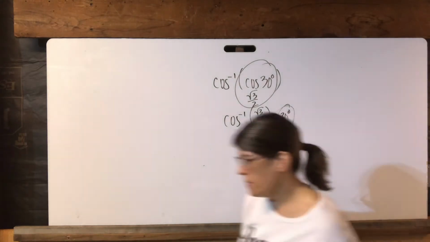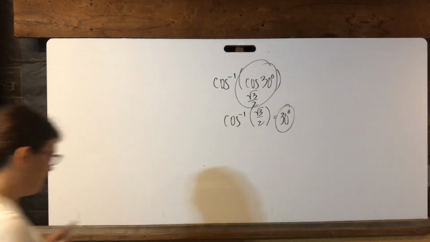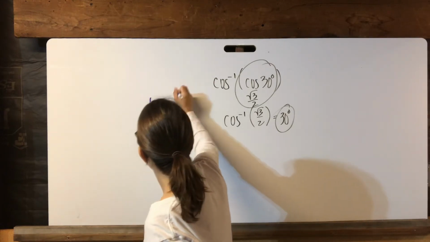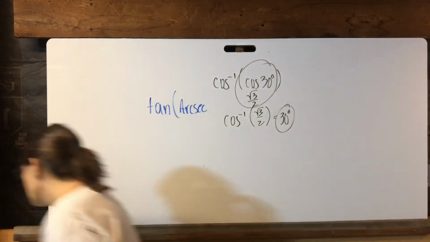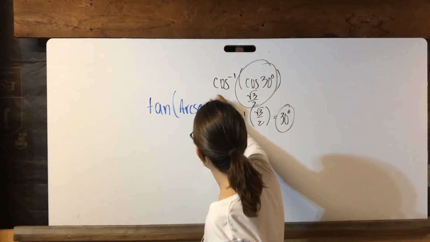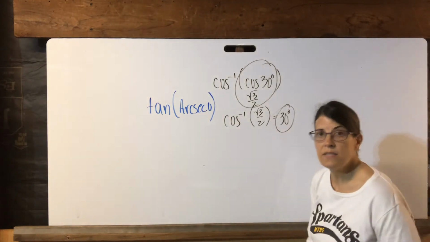So let's do one more. Let's do the tangent of the arc secant of 0.